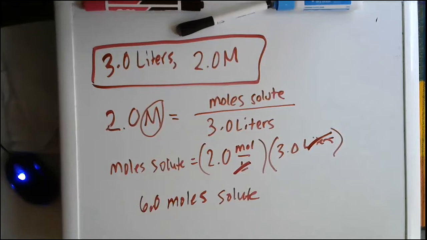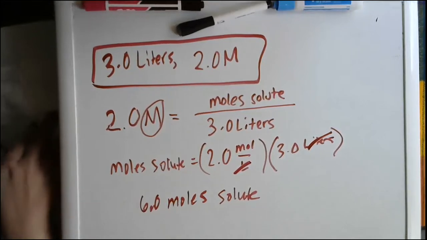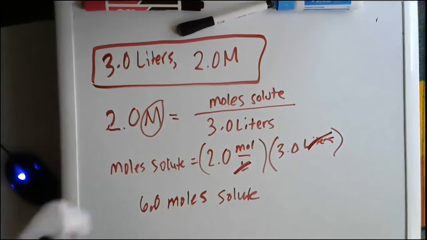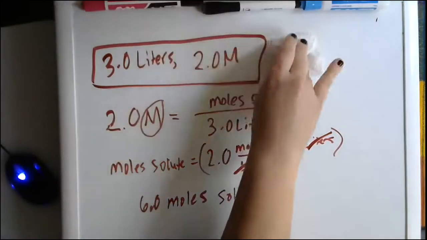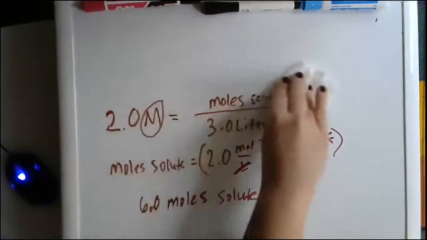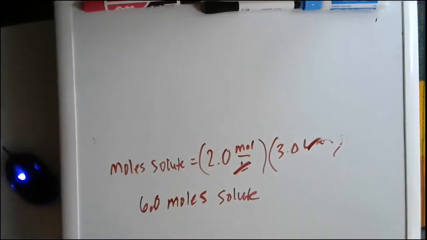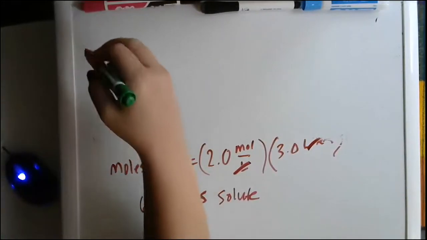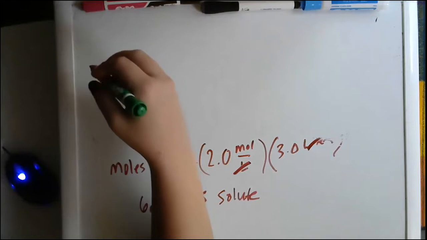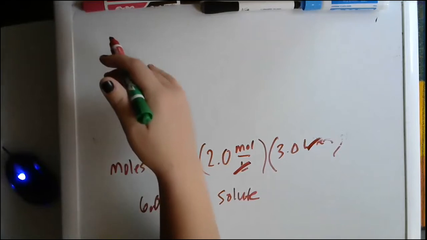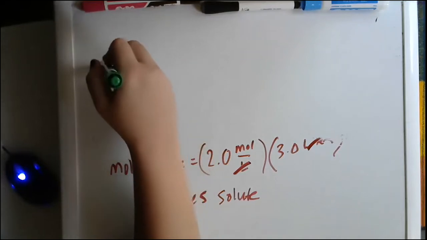This problem leads us into something that you're going to see quite often, and you'll hear me say it quite often: this particular relationship between molarity and volume. You're going to be given molarity values and volume values pretty frequently in your chemistry calculations.